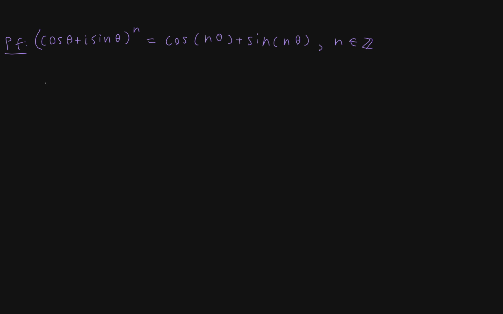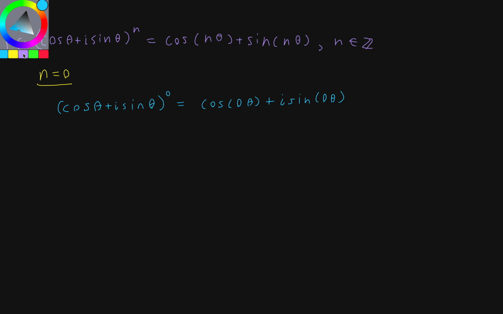So our first case is going to be n is equal to 0. By our proposition, cosine theta plus i sine theta to the 0 should be equal to cosine 0 theta plus i sine 0 theta. Now I'm just going to look at the right hand side here.